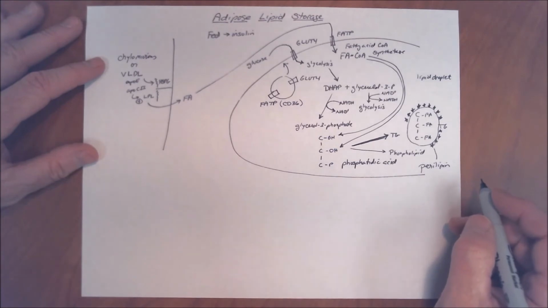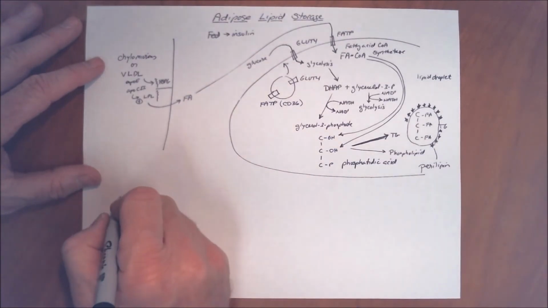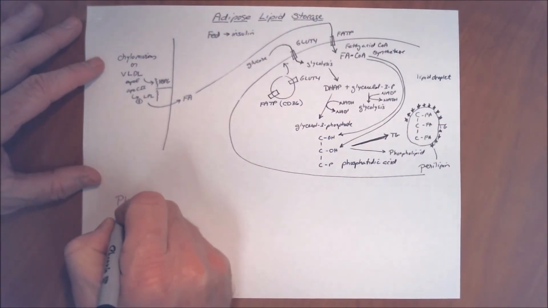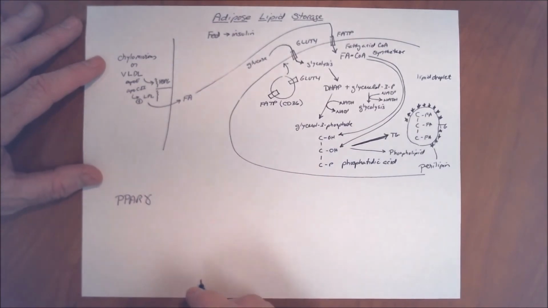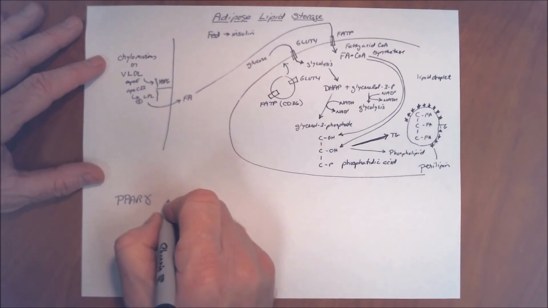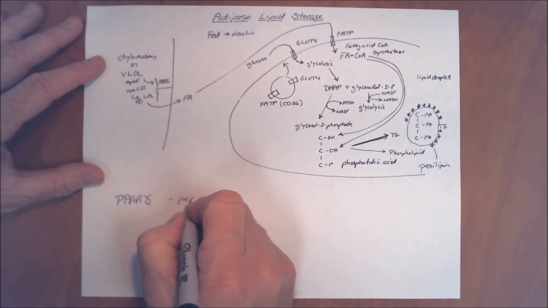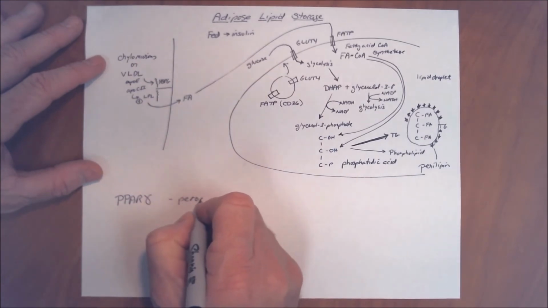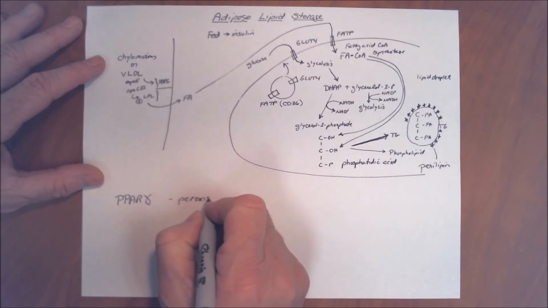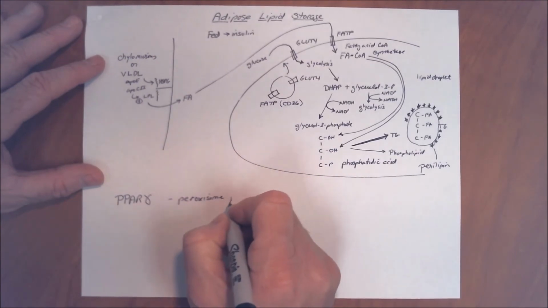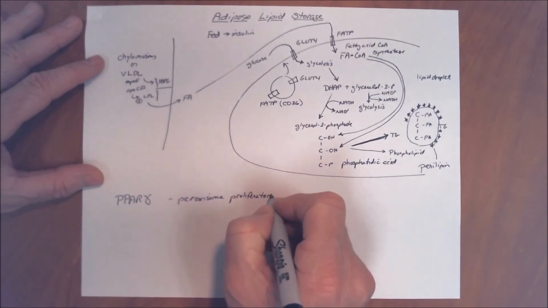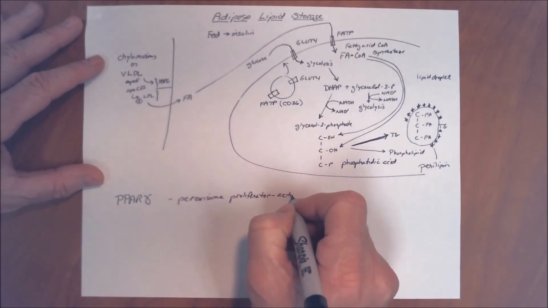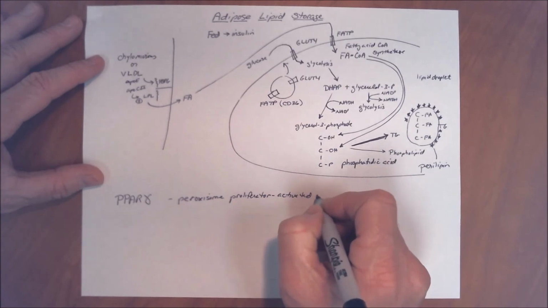Now all of this is regulated, and the primary regulation we need to take a look at is called PPAR gamma. And this stands for the peroxisome proliferator activated receptor.